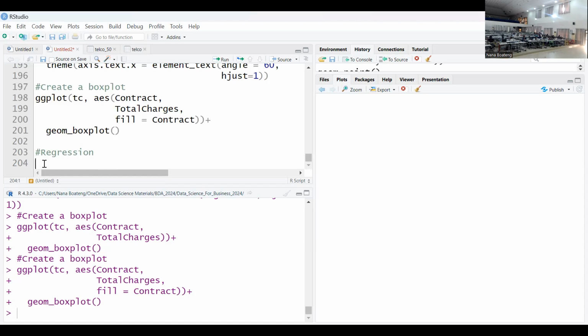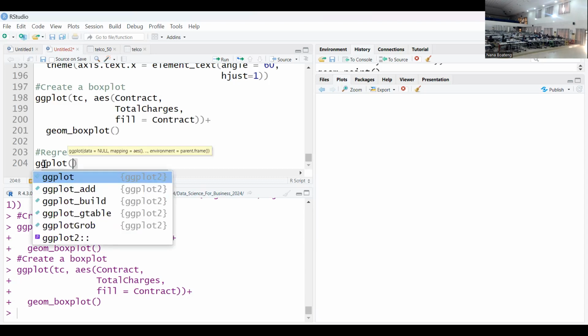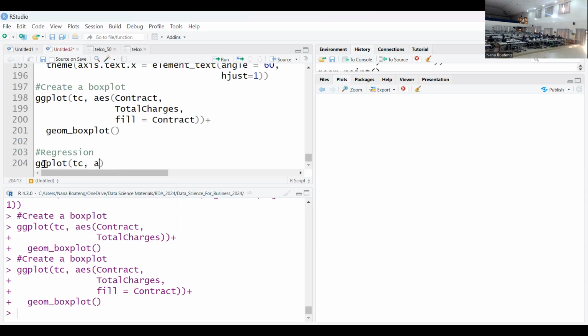Okay. So we ggplot TC, that's our data, aesthetics.